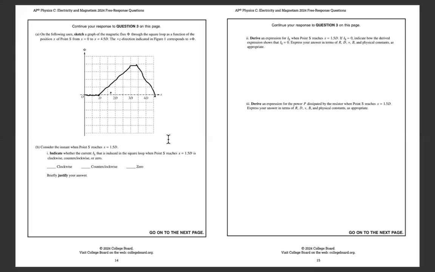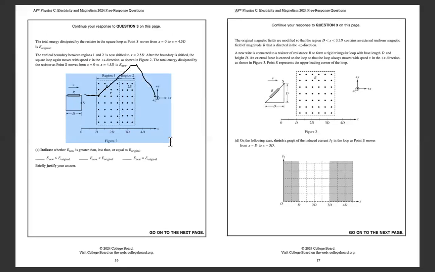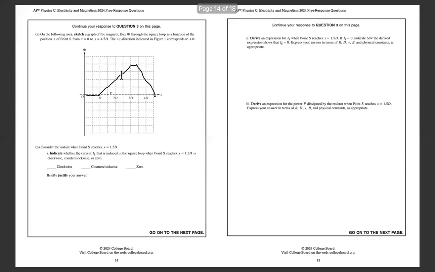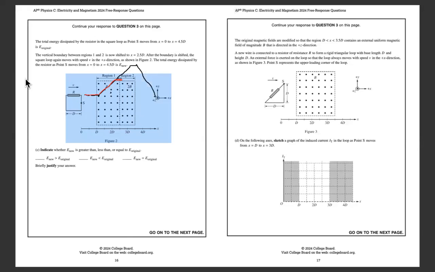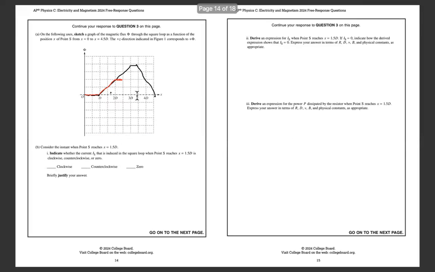And if we go over to our new picture, then the flux from 2D to 2.5D is actually going to be constant in your new situation. So in your new situation, you're going to have a constant flux from 2D to 2.5D, and then it is actually going to increase from 2.5D to 3.5D, similar to what we had in the original case. So you'll have that.